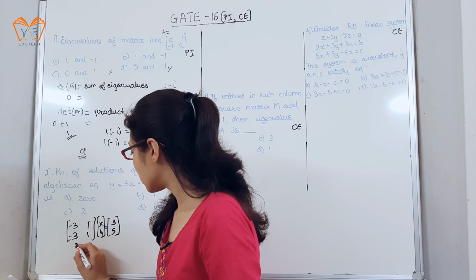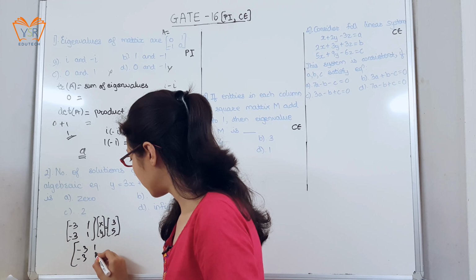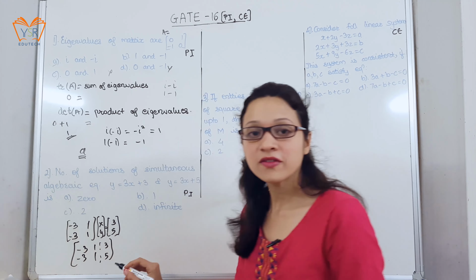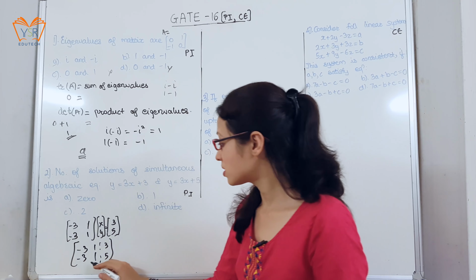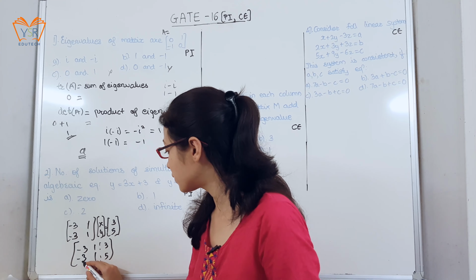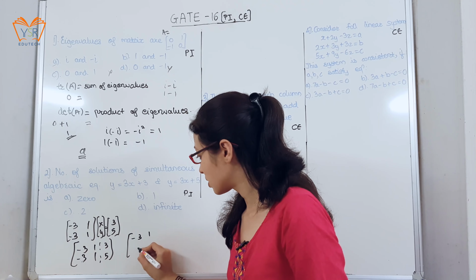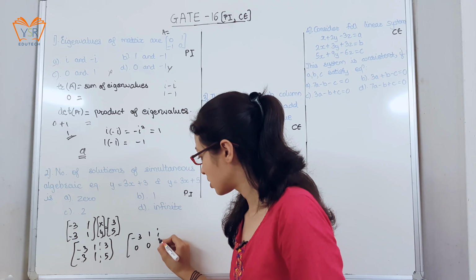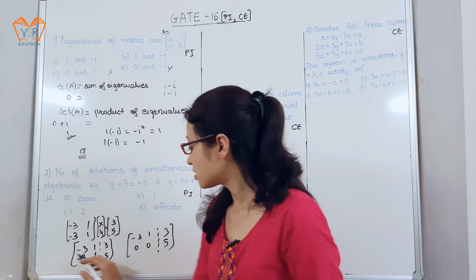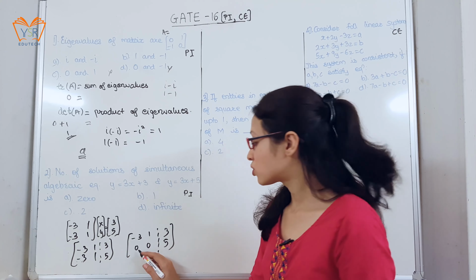Let us write in the augmented form. If we apply the elementary operations, R2 minus R1, we will get 0, 0, and this is the resulting matrix.